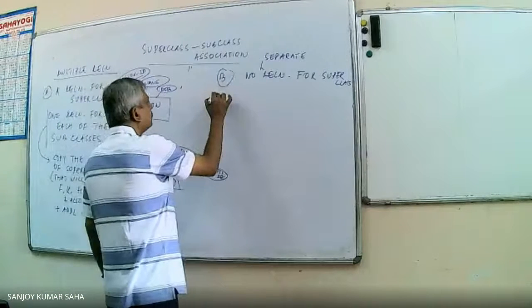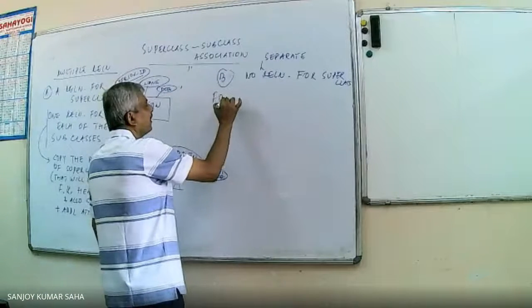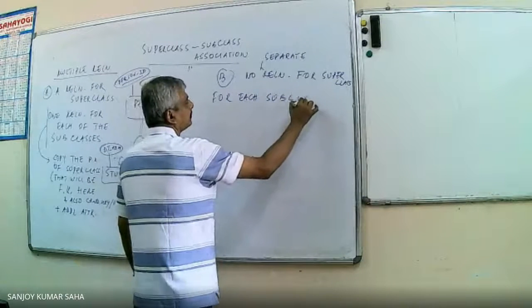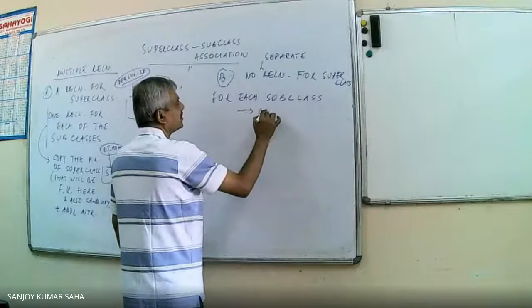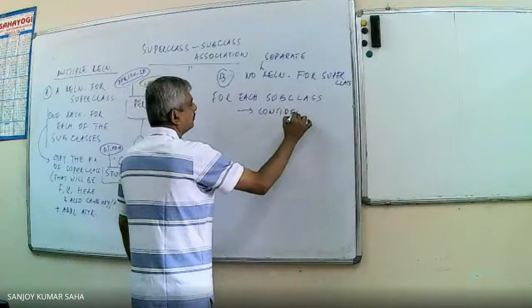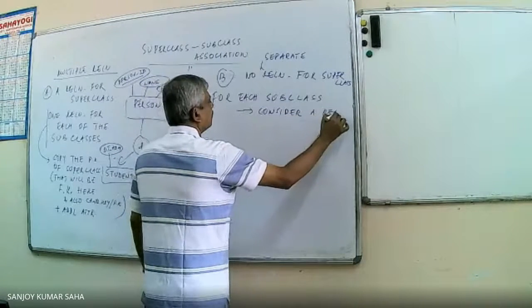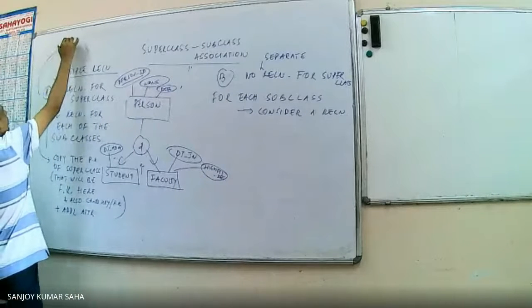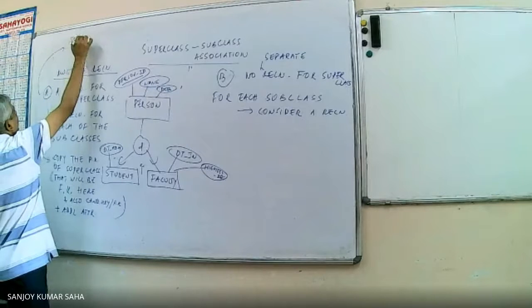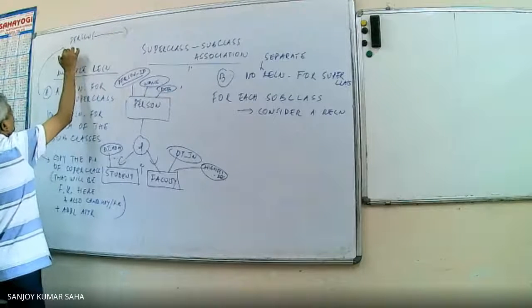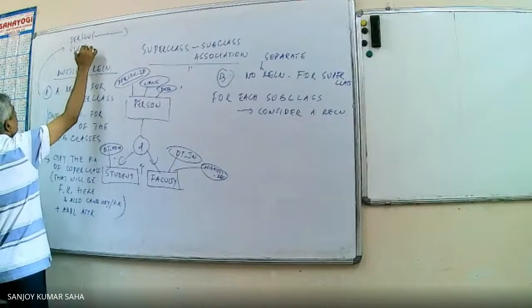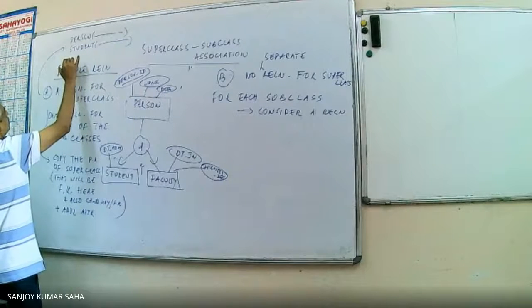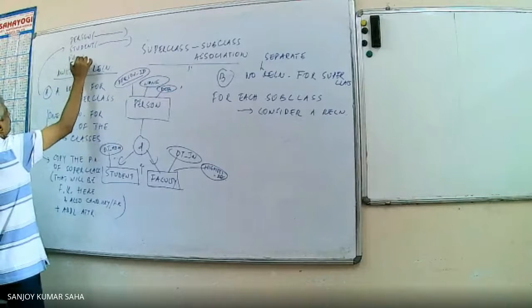Then for each subclass, consider a relation. So as per this model, model B will have a student relation, will have a faculty relation.